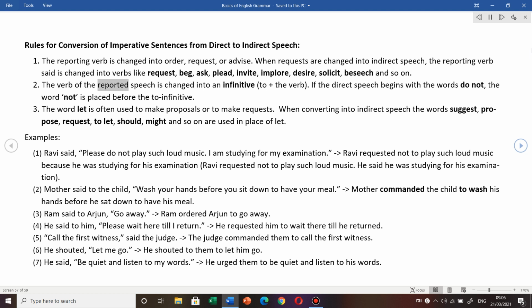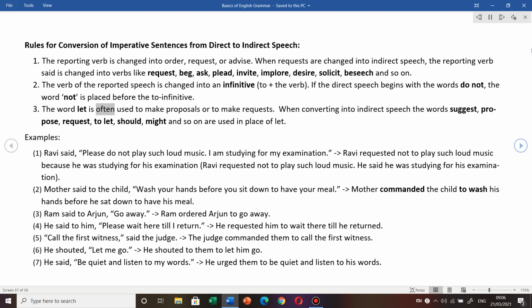The verb of the reported speech is changed into an infinitive, to plus the verb. If the direct speech begins with the words do not, the word not is placed before the to infinitive.